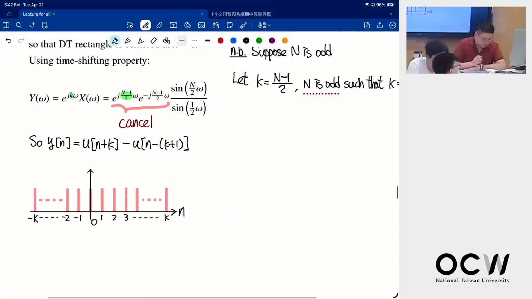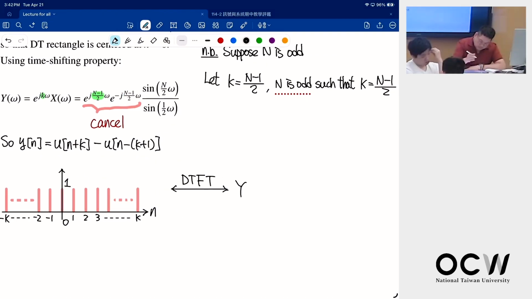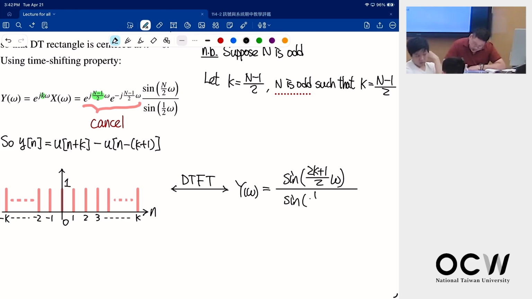Then the discrete time Fourier transform, oh, and also the magnitude is 1. Okay. The Fourier transform is the sinc function: sine of (2k plus 1) divided by 2 times omega, over sine of 1/2 times omega.